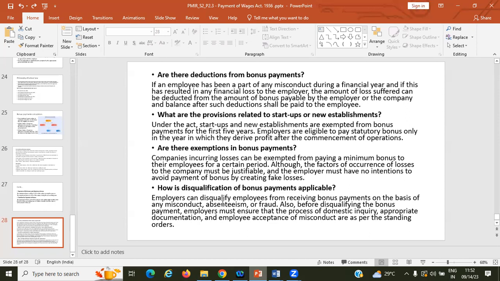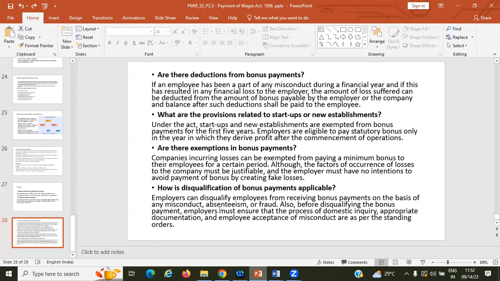You can disqualify certain employees, suppose someone is not performing well, someone is not having the potential to work, someone is leaving your organization, so already resigned.